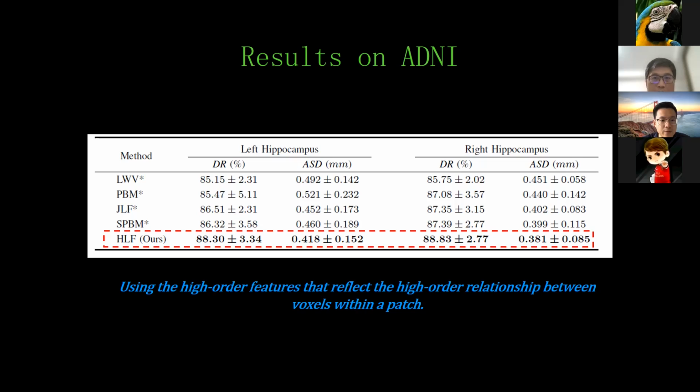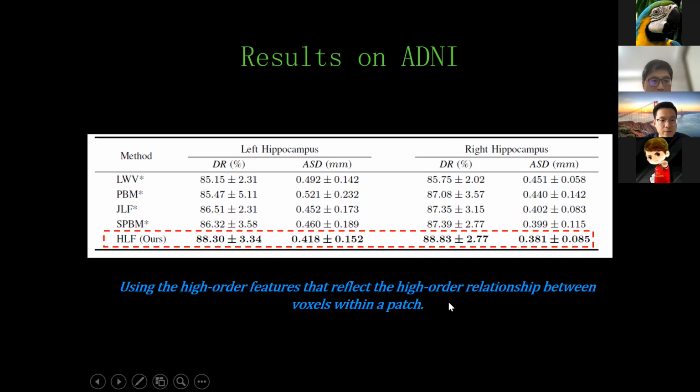In the ADNI dataset there are two brain regions, the left hippocampus and the right hippocampus. Here DSC is the Dice ratio, and ASD is the average surface distance error. In both metrics, our method achieves the best performance.